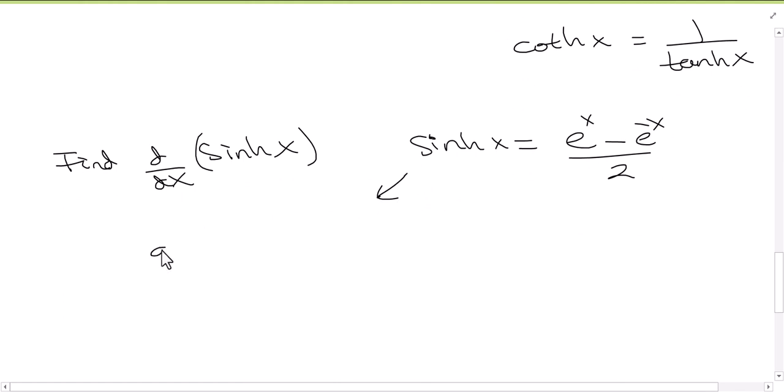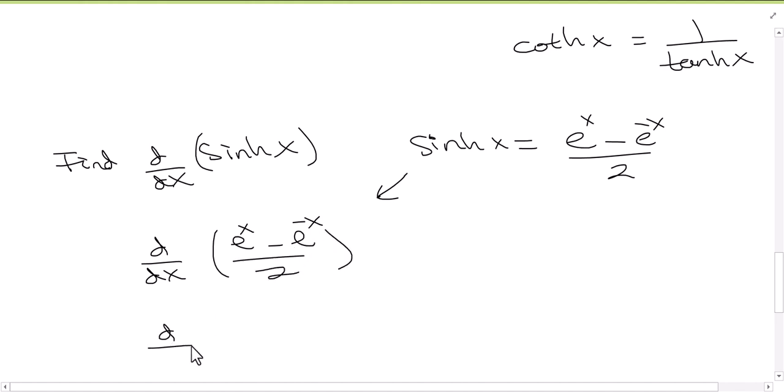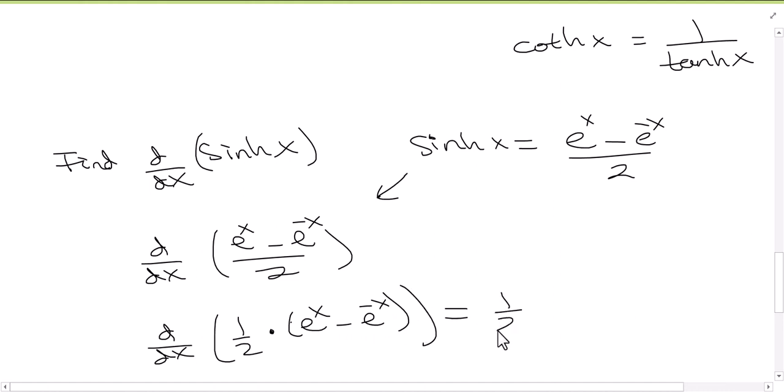So I'm going to say the derivative of sinh is really the derivative of e to the x minus e to the minus x over 2, and take the derivative of that. So what is this going to be? We can pull the 1/2 off to the side, and it's just really times e to the x minus e to the minus x. So the derivative of this, then, will be 1/2, right? My constant stays there.